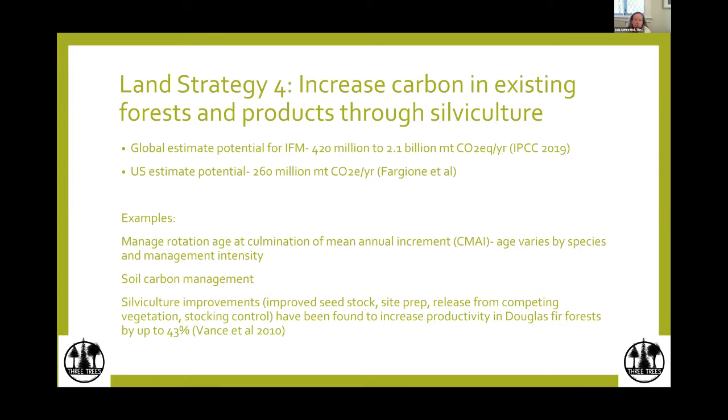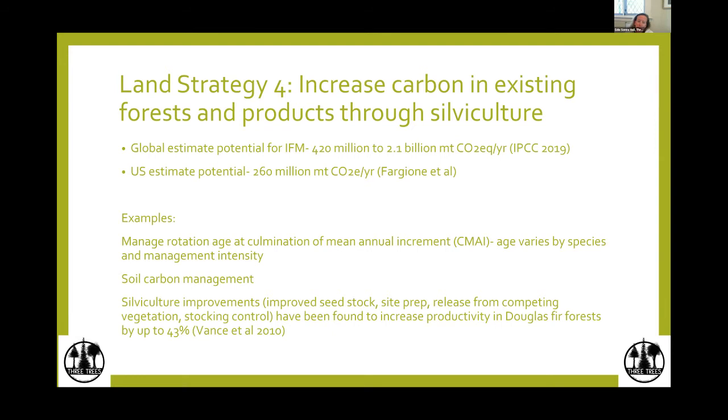And then once trees start to slow down, that feedback comes later and later, or smaller and smaller. There are also opportunities in soil carbon management, and there's actually been a lot of research in honing in on what those strategies might be.